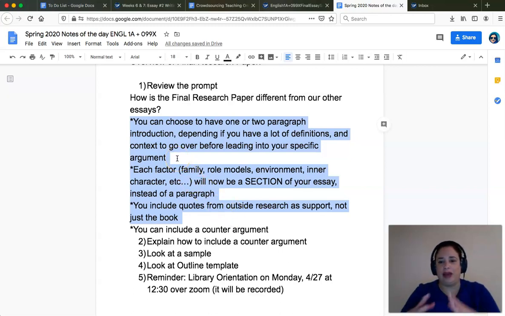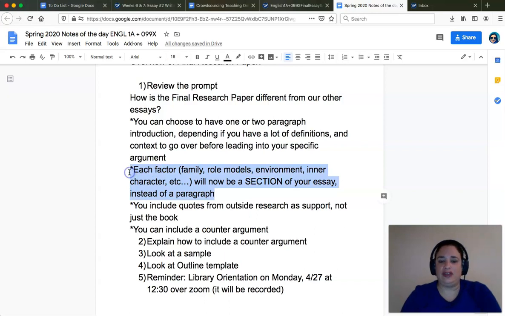But now that you have to sort of think about getting to 8 pages, you want to think about it more. I'm actually going to come down to this one. That each factor you're going to focus on. So let's say you want to focus on, I don't know, family, role models, and inner character, like the people they were the most guiding factors or influential factors for these men.